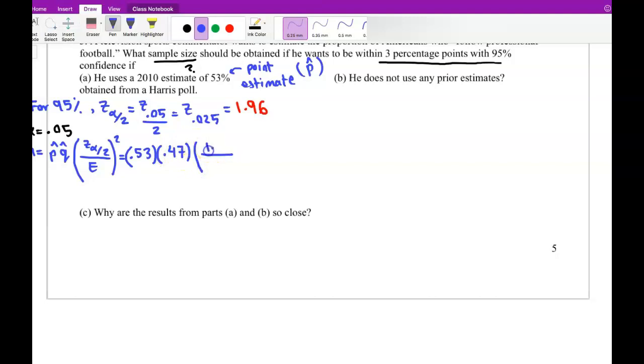For Z, we got 1.96. And error is here. So this is error. This one, 3%. Then square. Okay, so then rounding that, the answer is 1063.3.